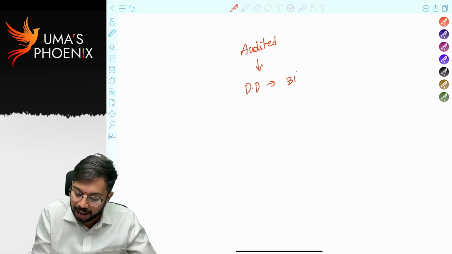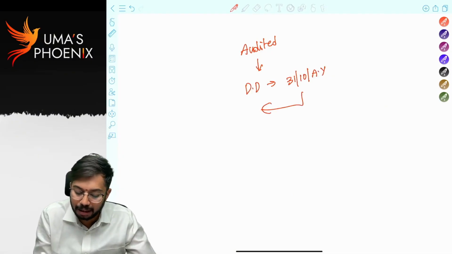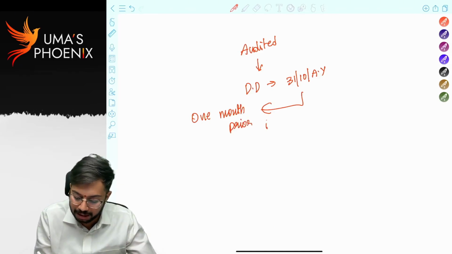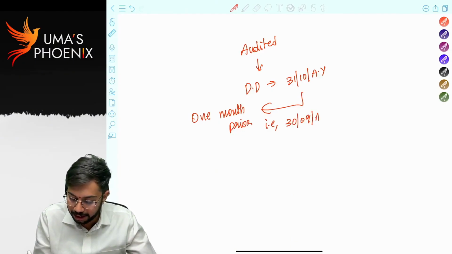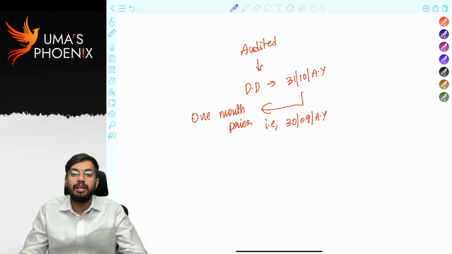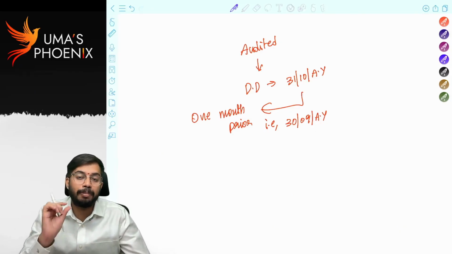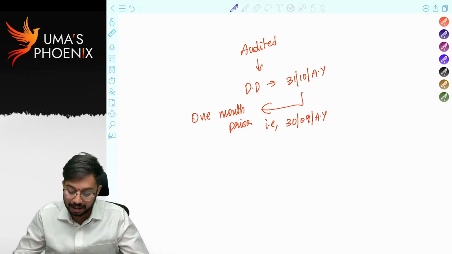Due date for filing ITR is 31st October of assessment year. 1 month prior to 31st October means that is 30th September of assessment year. Are you able to understand? That means on or before 30th September of assessment year, tax audit report is required to be submitted by the SSC.